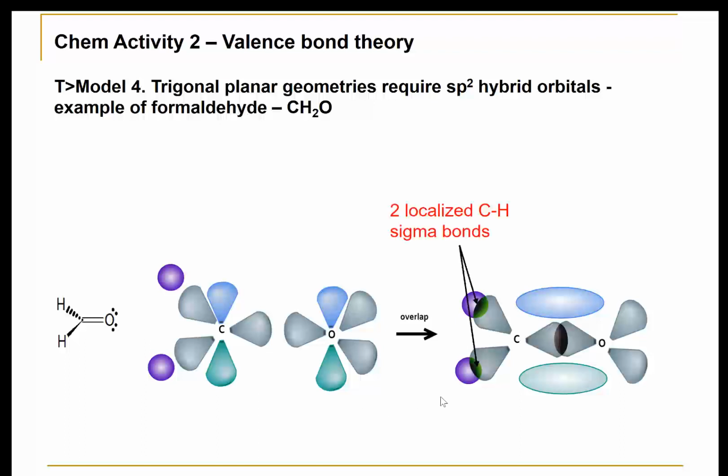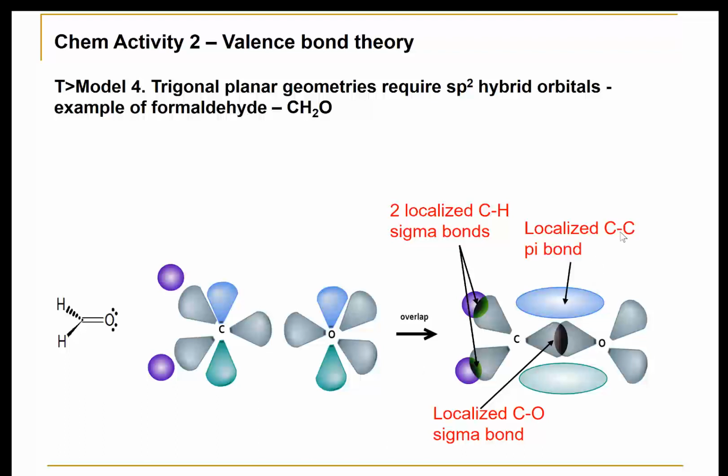So for instance, we have the overlap of each of the carbon sp2 hybrid orbitals with an s orbital of hydrogen, forming 2 localized carbon-hydrogen sigma bonds. We also have the overlap of the carbon sp2 hybrid orbital and the oxygen sp2 hybrid orbital to form the localized carbon-oxygen sigma bond.